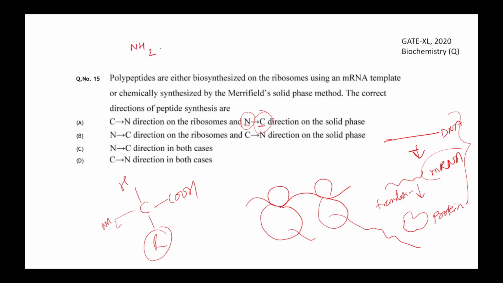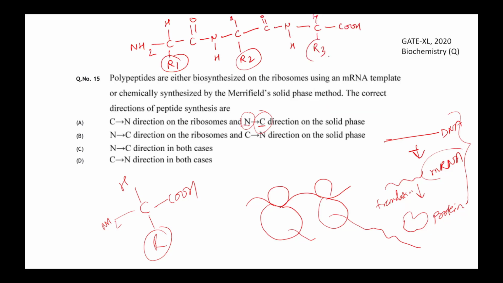This is the amino terminal, then R1, then we get the peptide bond NH, and then another amino acid will come, R2, then again another peptide bond, and then another. Suppose I made one tripeptide, with three different R groups, three different amino acids.